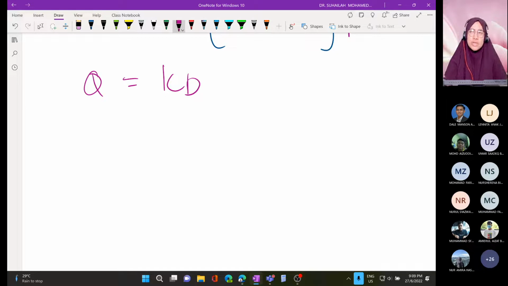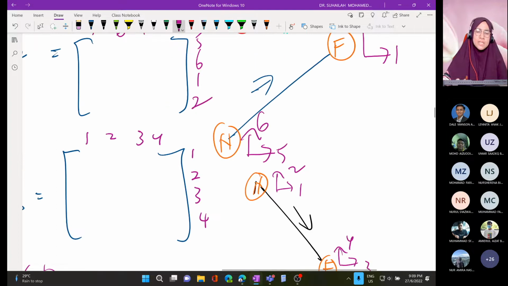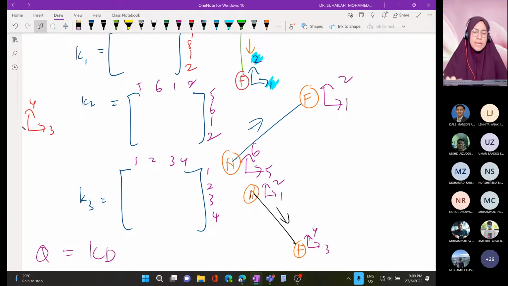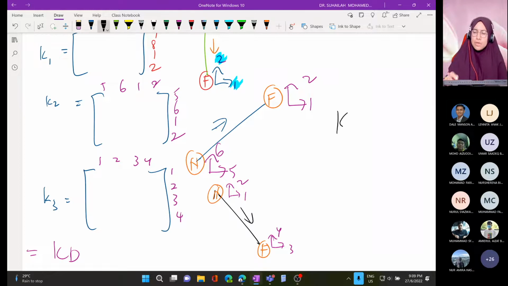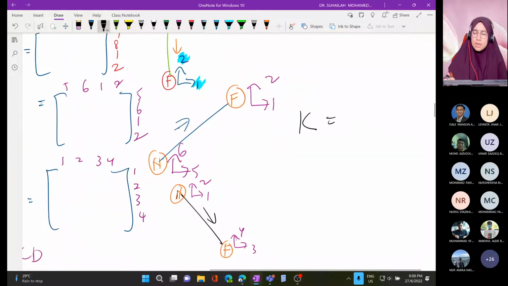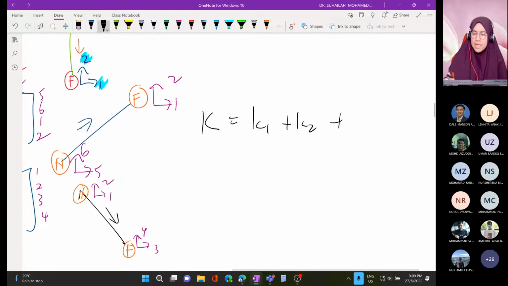We are going to produce the stiffness equation and it must all be written in matrix form. It means we have to write Q, K, and D in matrix form. K is already a matrix, because from K1, K2, K3 we will produce K1 plus K2 plus K3.